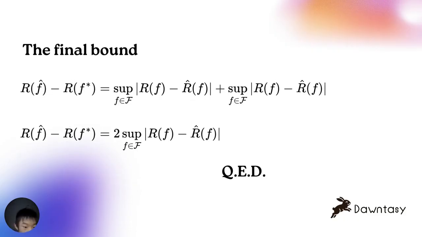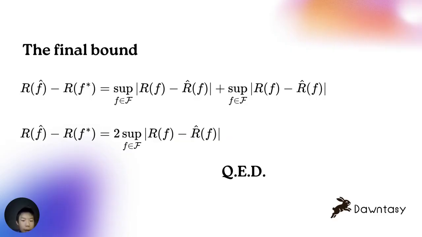And thus we get, this should say less than or equal to. So the excess risk is less than or equal to the supremum of the worst case scenario, added again.